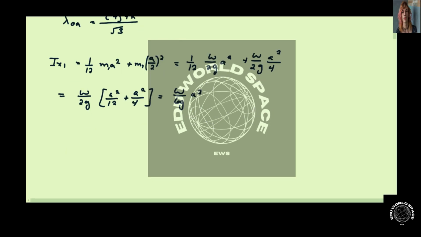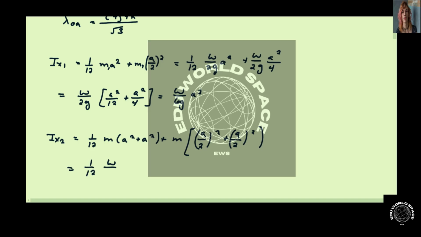And now for Ix2, we have 1/12 m a squared plus a squared plus m (a/2) squared plus (a/2) squared, which equals 1/12 of W/2g times 2a squared plus W/2g times 2a squared over 4.